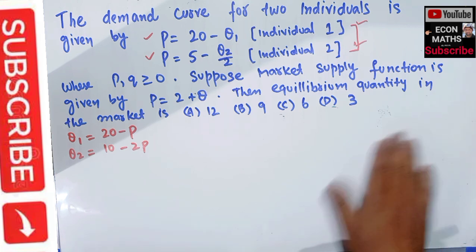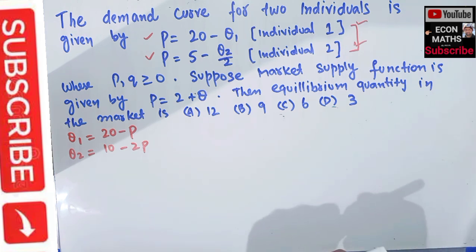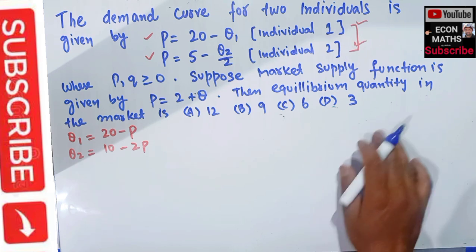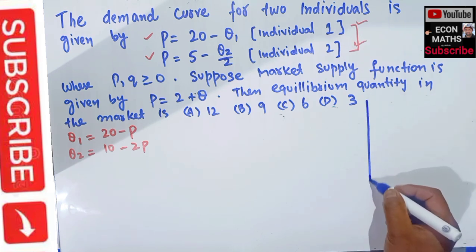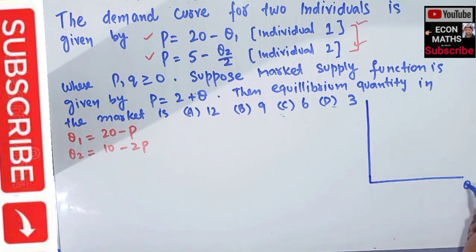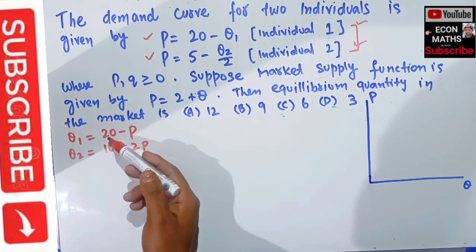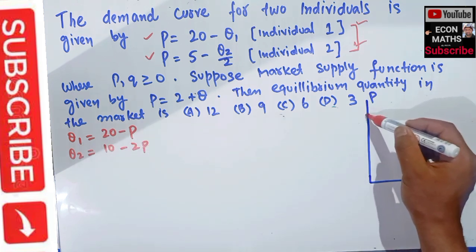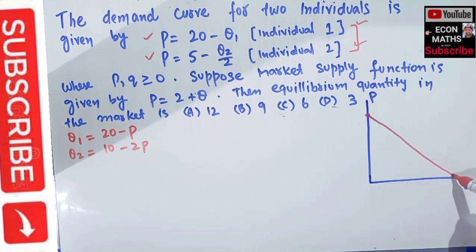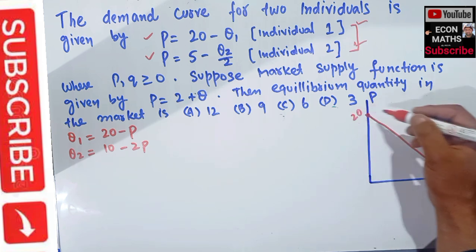It will be convenient if I draw the graph also. Here we have quantity on this side, price on this side. So this is q1 is equal to 20 minus p. If we draw it on the graph, it will look like this. Let us say this is 20 here. This 20 is its intercept, which is q1.